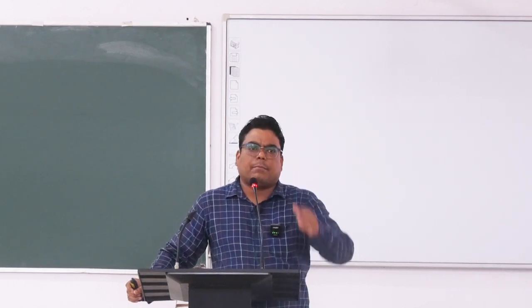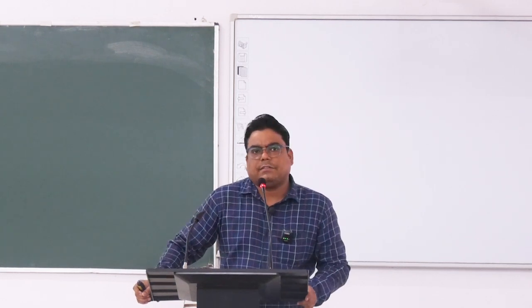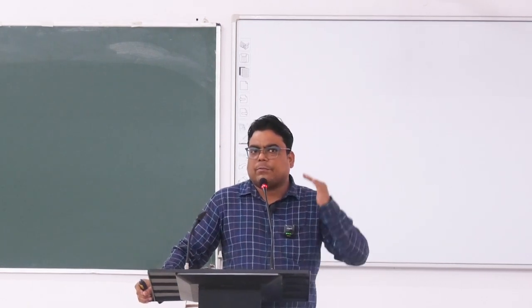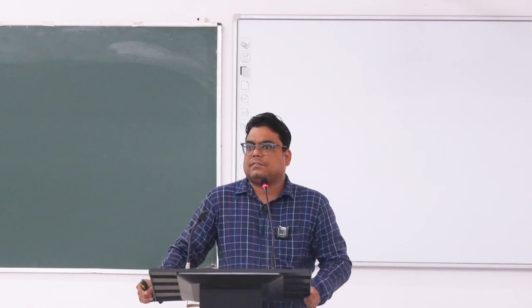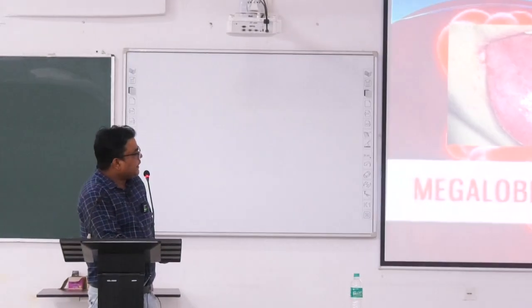Anemia means a lower number of RBCs in the body. If there are fewer RBCs, the oxygen saturation level becomes less. People feel tiredness and weakness. This is one of the important symptoms, and redness of the tongue is also seen.